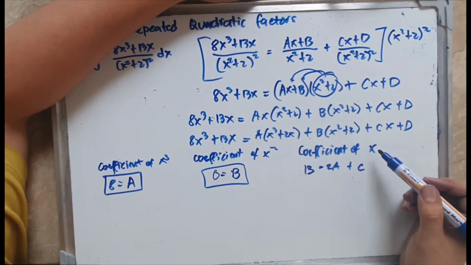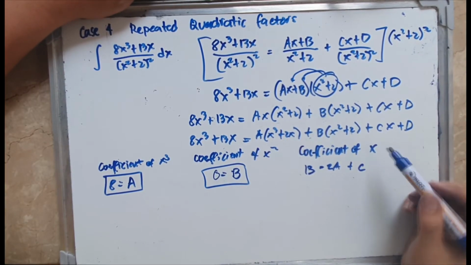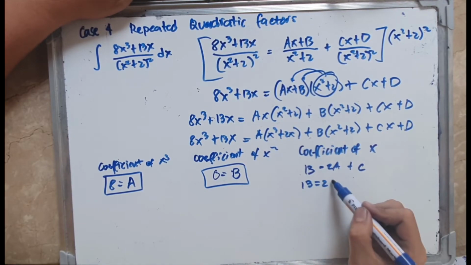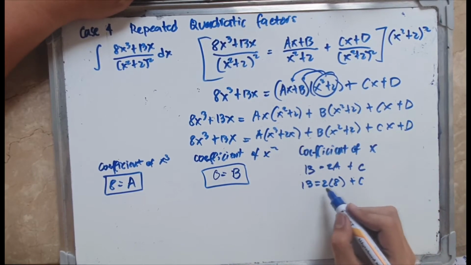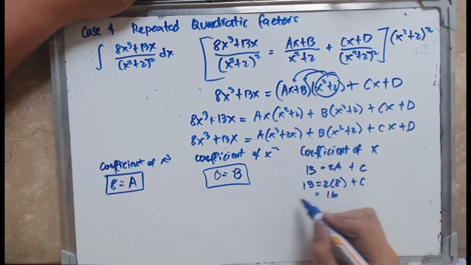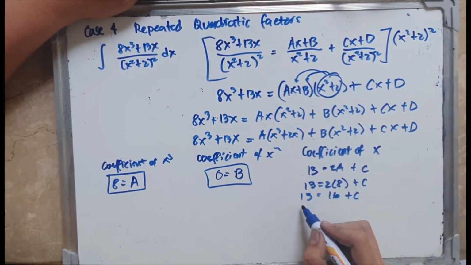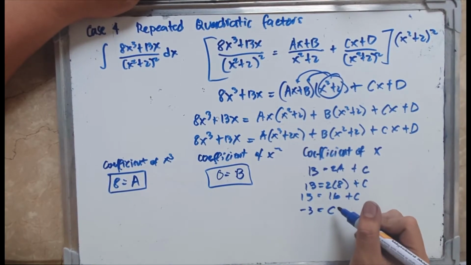But we already have the value of a. 13 equals 2 times 8 plus c. 2 times 8 is 16, so 13 equals 16 plus c. Transposing, 13 minus 16 gives negative 3 as the value of our c.